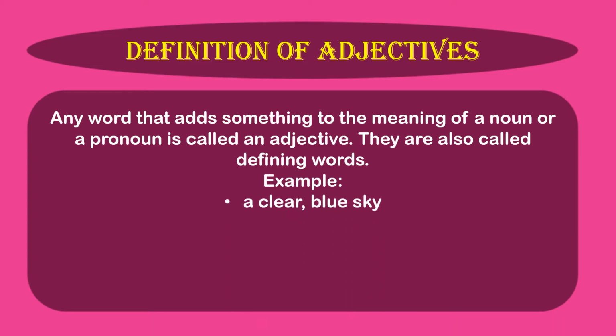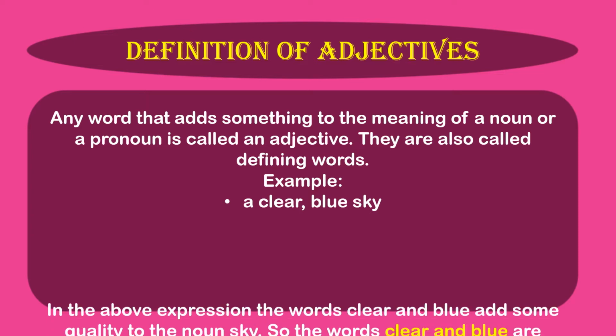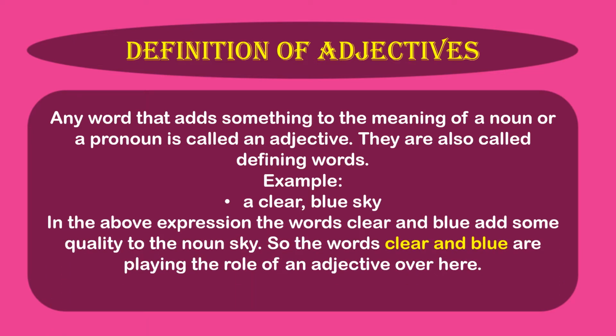Just look at it. A clear blue sky. Okay. Here you can see in this line, what is the noun in it? Sky, right? Sky is the noun. So in the above expression, the words clear and blue, these two are adding some meaning to the noun sky. Okay, so they add some quality to the noun sky.